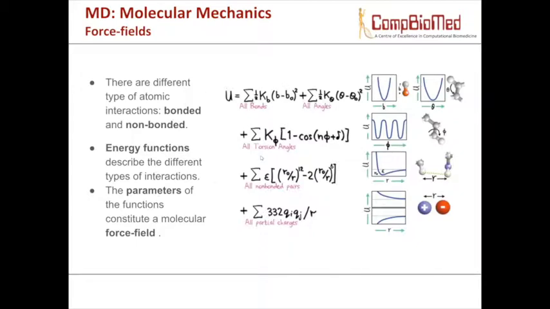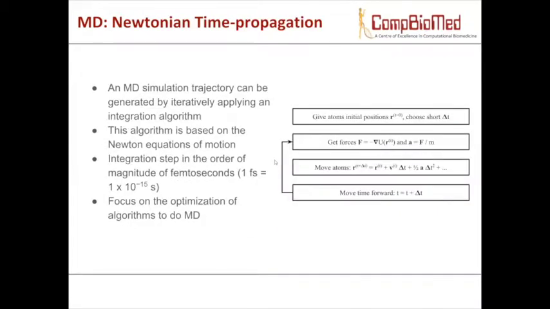These are the equations that describe the energy between two atoms, and all the parameters of these equations are written in what we call force fields that are used in MD simulations. Usually these parameters are obtained with either experimental techniques or quantum mechanics computations. We will use these parameters to compute the energy functions that we'll use to obtain the forces that move these atoms in space.